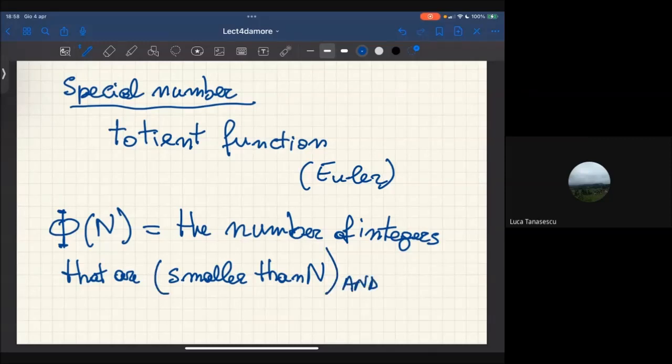and they have as greatest common divisor between, let me call this number m, and n equal to 1.